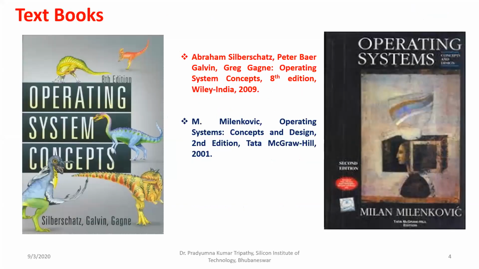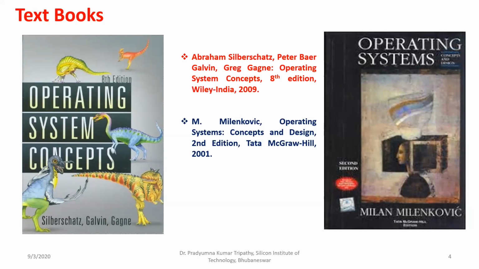The textbook that we are going to follow is Silberschatz and Galvin, Operating System Concepts. I have written the 8th edition here. If you get some other edition, that doesn't matter. But this Galvin book is the fundamental, basic book.